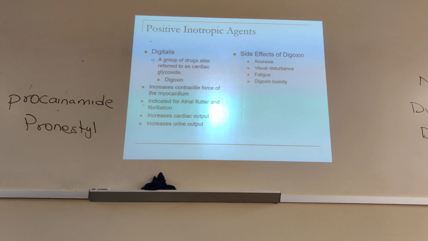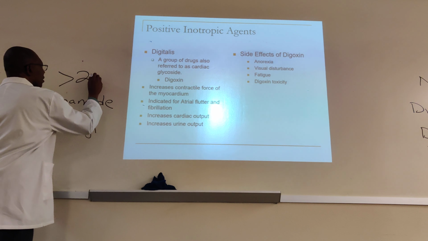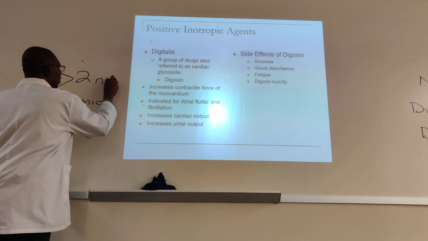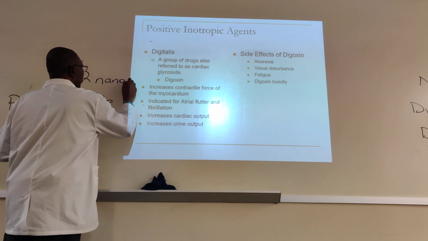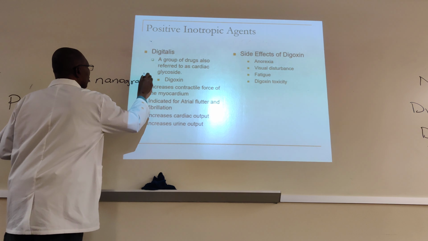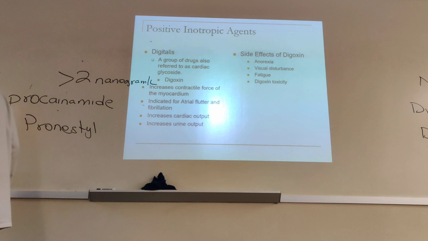I want to say if it is greater than 2 nanograms per liter of blood, then that's too much. And the thing about it, though, is that when you have that digoxin toxicity, you can develop a rebound effect from that.